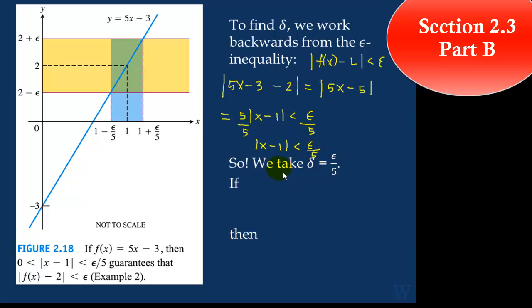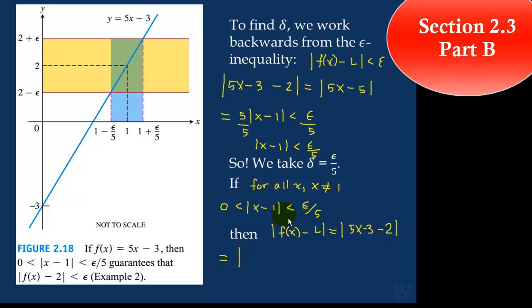And that's why I said there we take delta to be equal to epsilon over 5, so that given epsilon greater than 0, for all x's, and possibly x not necessarily equal to 1, if |x minus 1| is less than epsilon over 5, then we see that |f of x minus L|, in this case |5x minus 3 minus 2|, continuing on like we did, it's like going backwards.